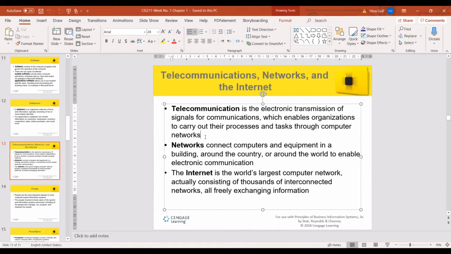One building can be connected with another building, one university with another university, one city with another city, one country with another country. The router is used to connect to an external network, meaning two different networks. If you want to join them, you will use the router.